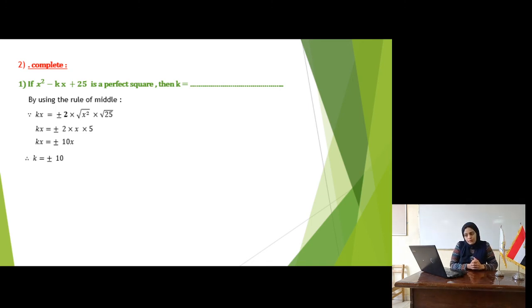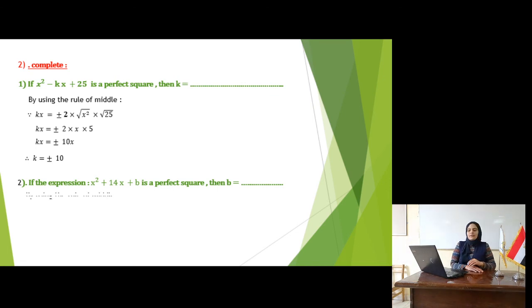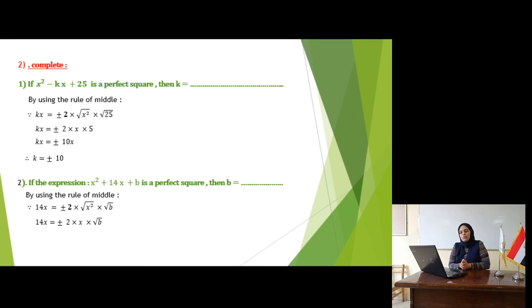Number 2. If the expression x power 2 plus 14x plus b is a perfect square, then b, I said to you that it's a perfect square trinomial. So to get the value of b, 14x equals positive or negative 2 times x times the square root of b.